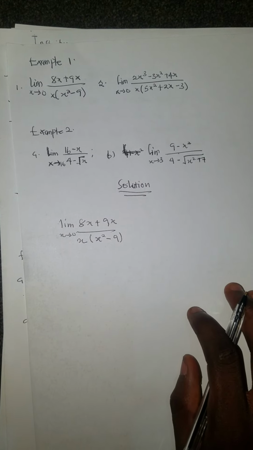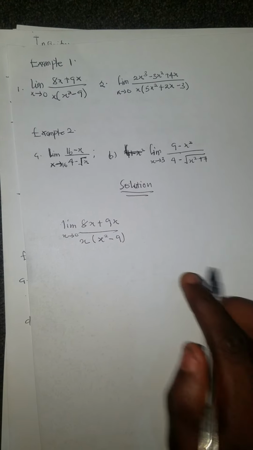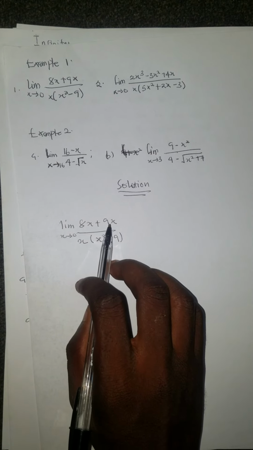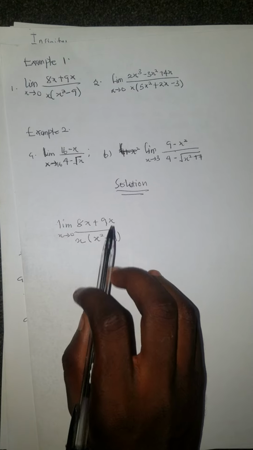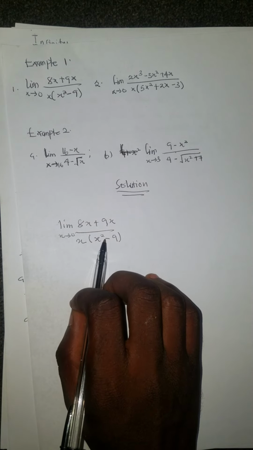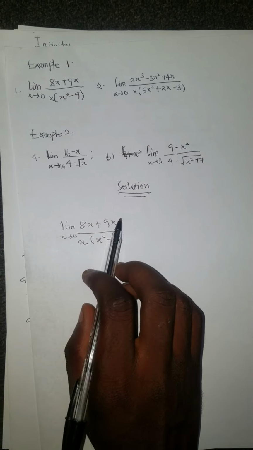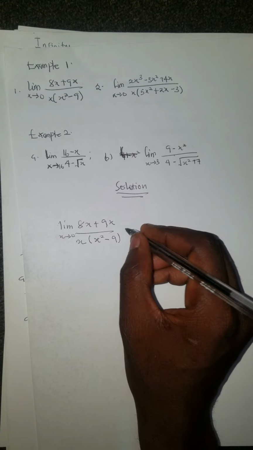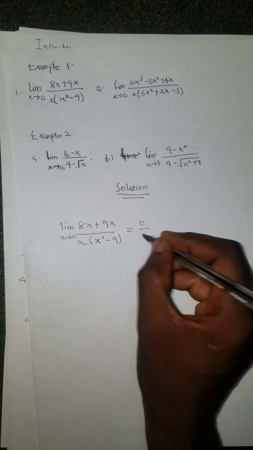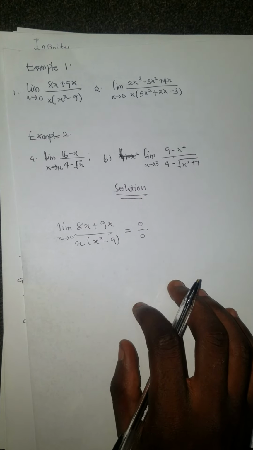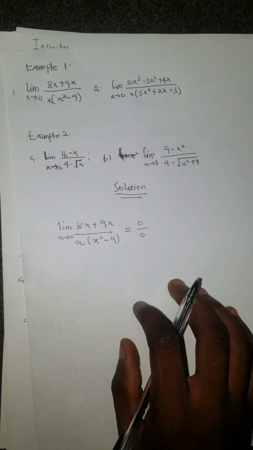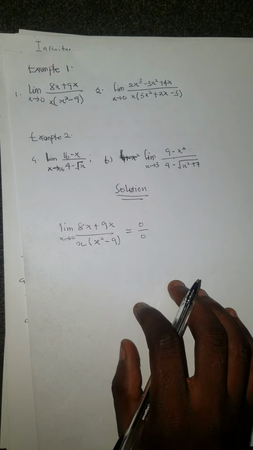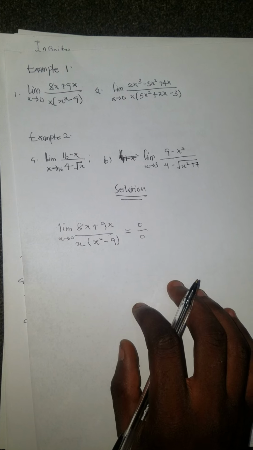When we substitute 0 into this function, everything goes to 0. The numerator will become 0, the denominator will become 0, which is undefined. When you substitute straight, this is what you get. We can solve it some other way to get the right answer.